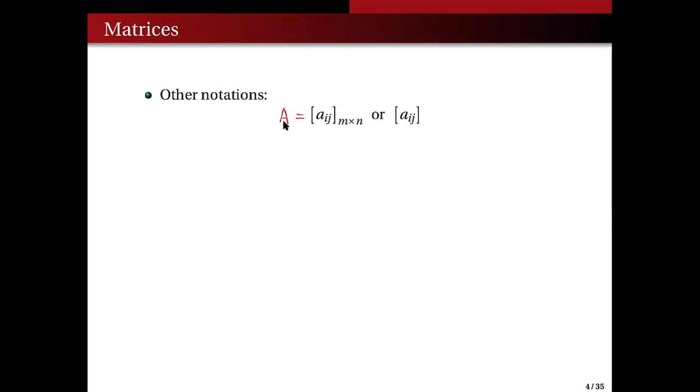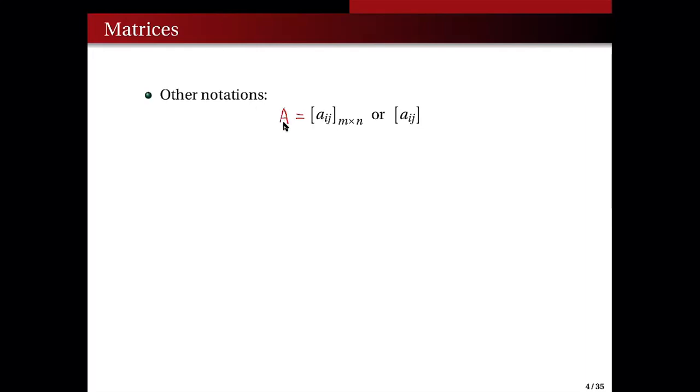Of course, you can use a different name for that. But at least in our course, or commonly as a convention, the letter used for the name of the matrix will be the same letter used for the entries of the matrix.